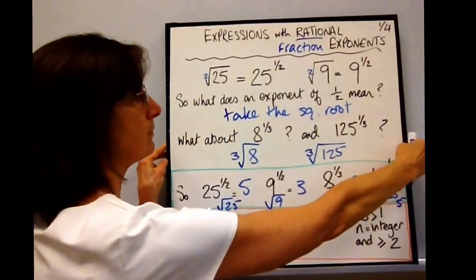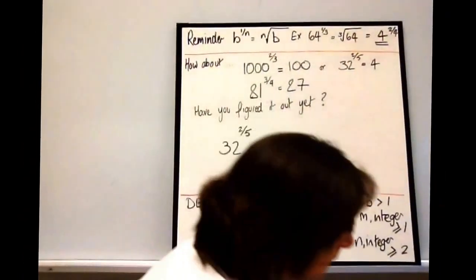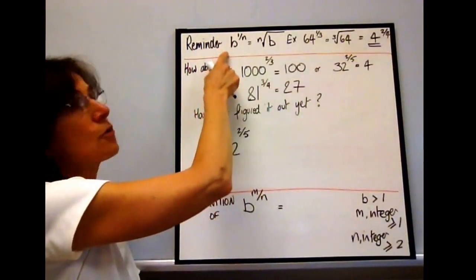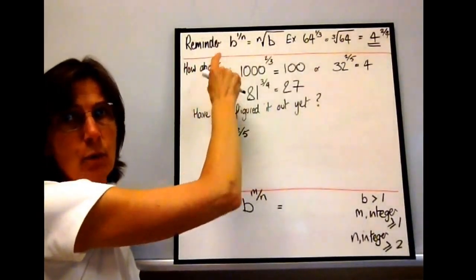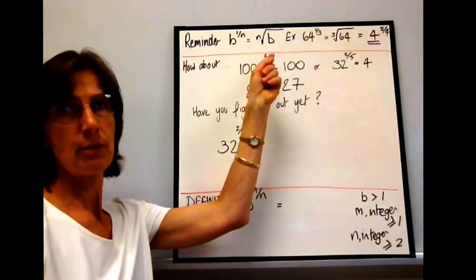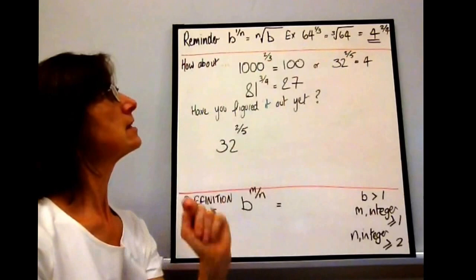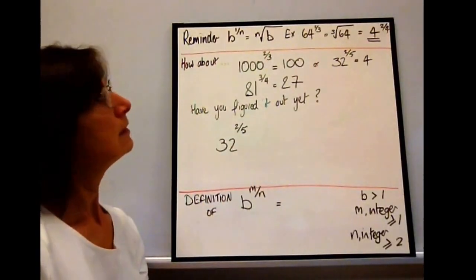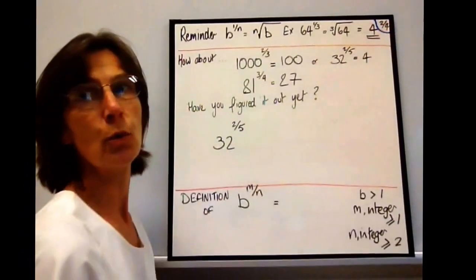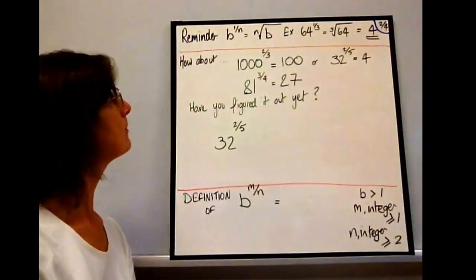Board 2. Can we see that? Yep. We just got a reminder of what we had at the bottom of board 1. b to the 1/n power is the nth root of b, and there's another example. This is not 4 to the 2/4 power, this is board 2 of 4, just in case you're worried about that bit.